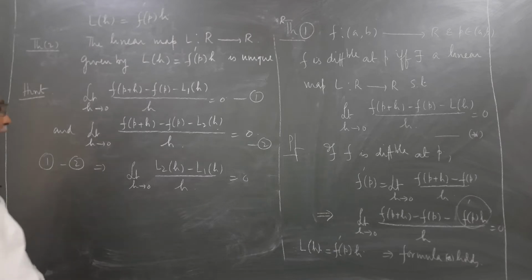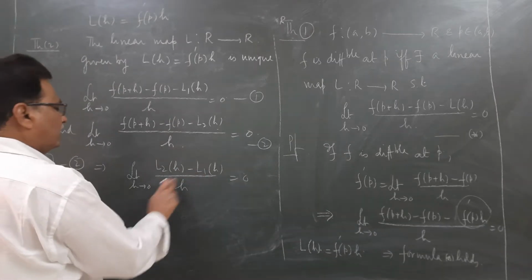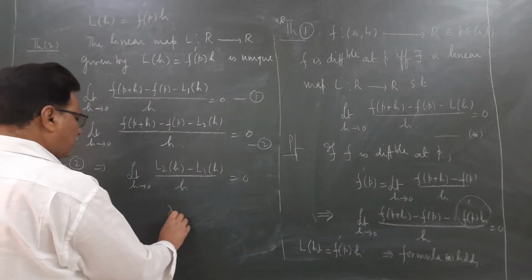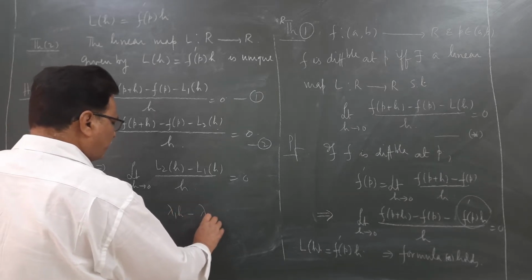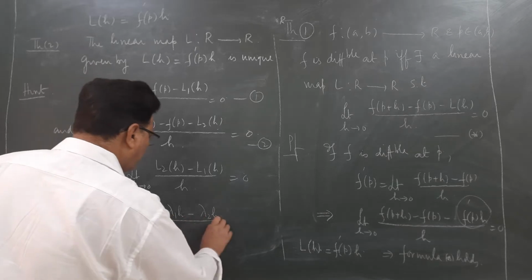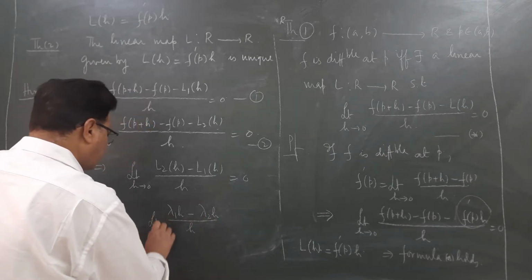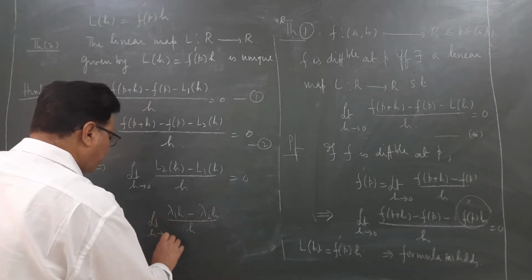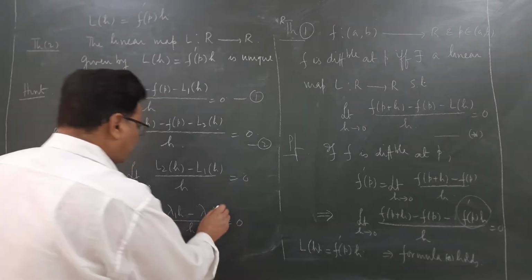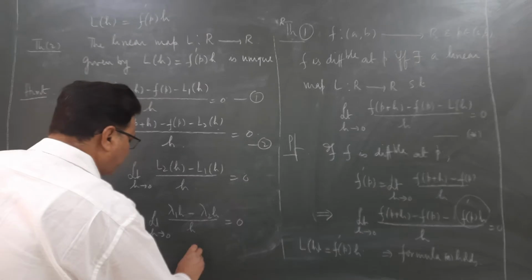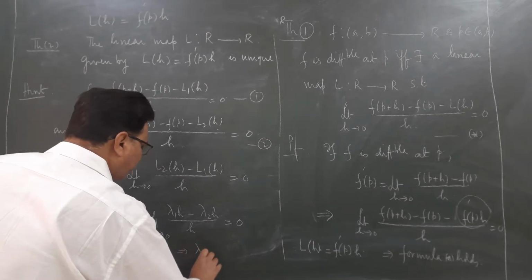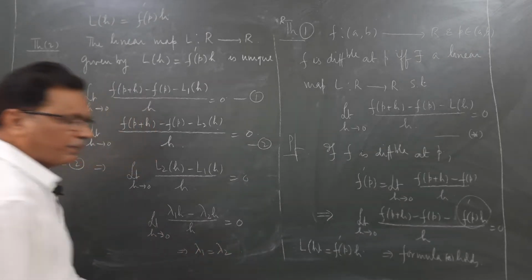Since they are linear maps, it will be some lambda 1 into h, and this will be some lambda 2 into h, upon h, and limit h tends to 0. If you take h common from both sides, it will cancel out, and what you will get from here is that lambda 1 equal to lambda 2.